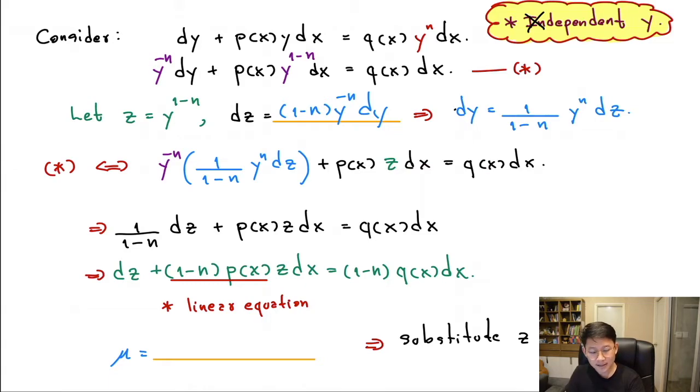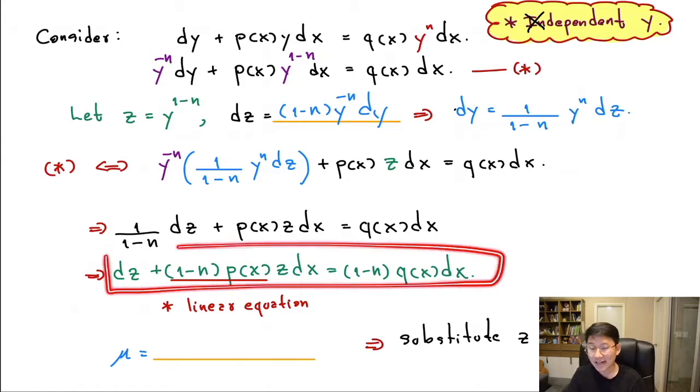And after that, y to the power of minus n and y to the power of n cancel out, right? The multiplication of them is just 1, okay? So we have this, and then we multiply the whole equation by 1 minus n, so this is what we have.